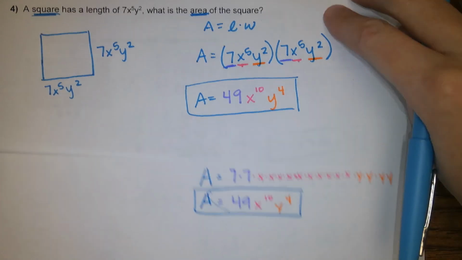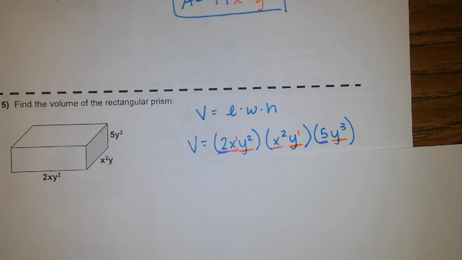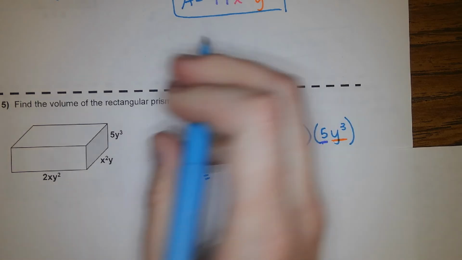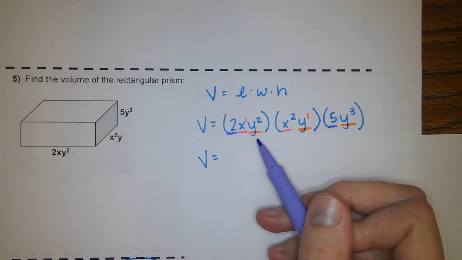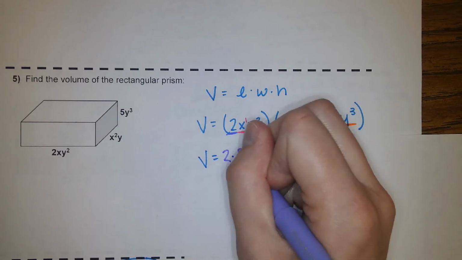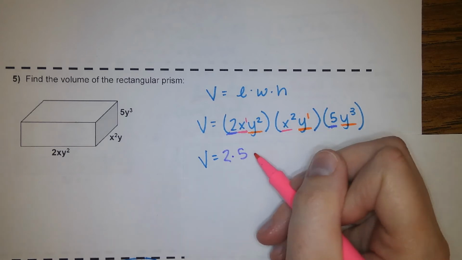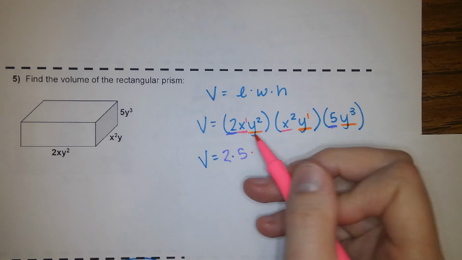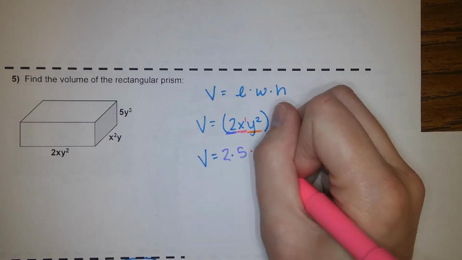Now let's take a look at number 5 and what that would look like in our expanded form, if we were going to do our volume in expanded form. So if we had our volume here and we were going to do our coefficients, we'd say, okay, we do 2 times 5, and that would be 10. And then we do our x's. We have 1 x here, so I'm going to break it down, and then we have 2 more, x and x.